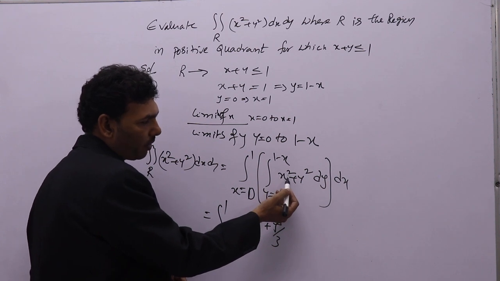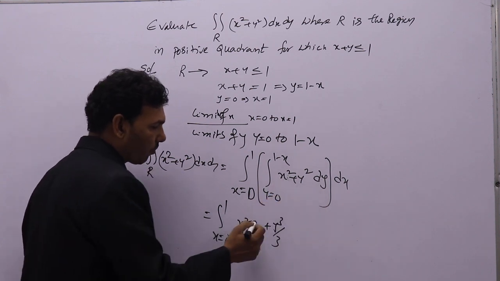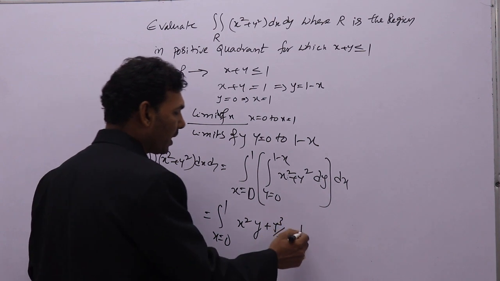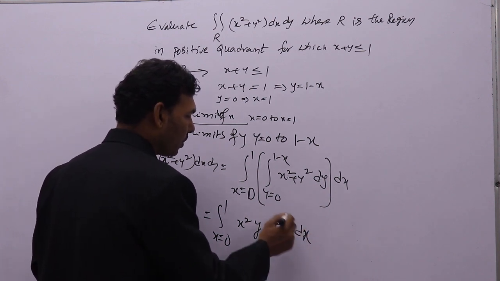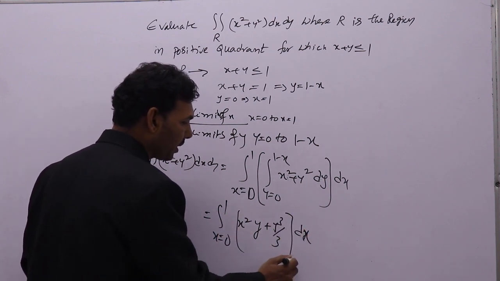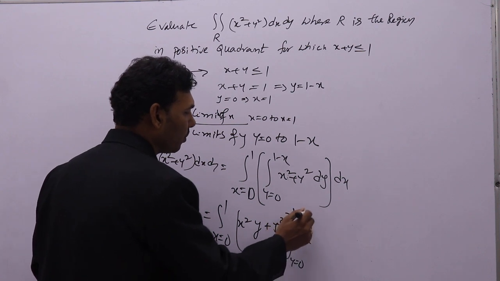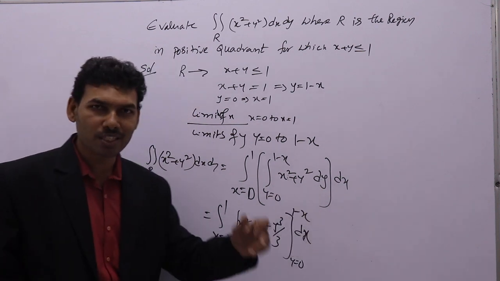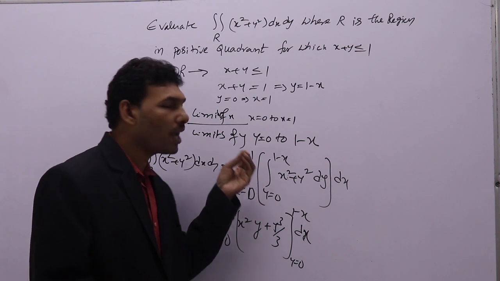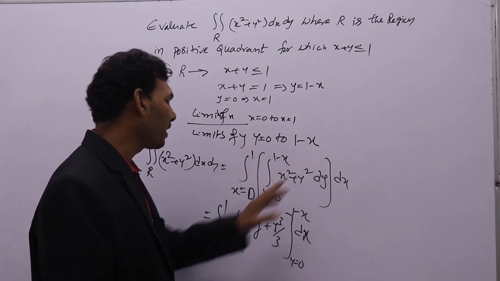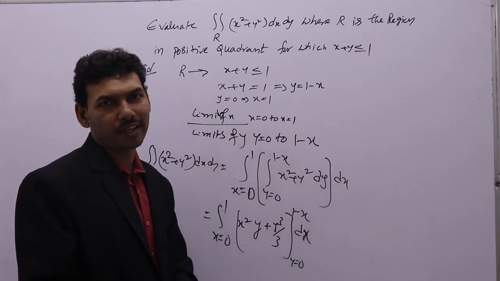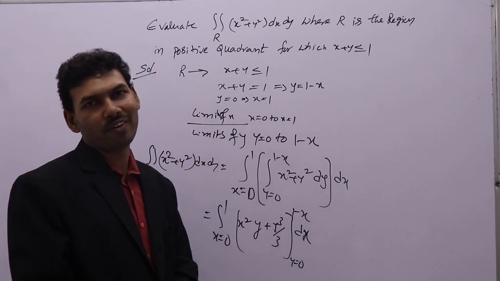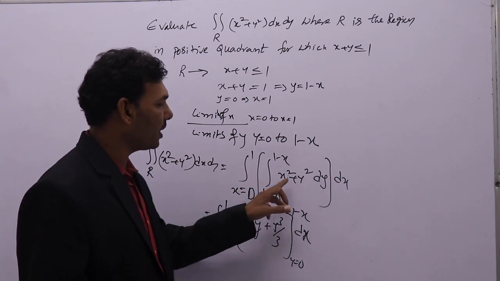Then what remains here is 1. Integral 1 dy is y. One simple technique while integrating with respect to y: if you don't have y in a term, after integration you will get y. Without knowing integral 1 dy is y, if you don't have y, then write y.